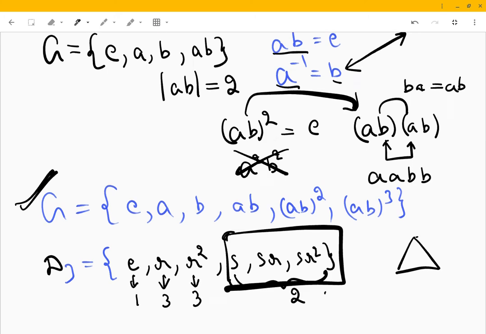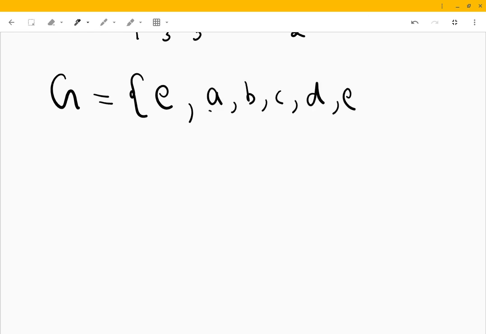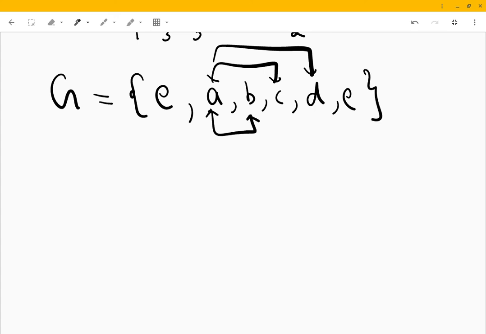So what I was trying to imply is that a group has an identity, then it has elements, and all of them combine with each other and make other elements which are already present in the group.